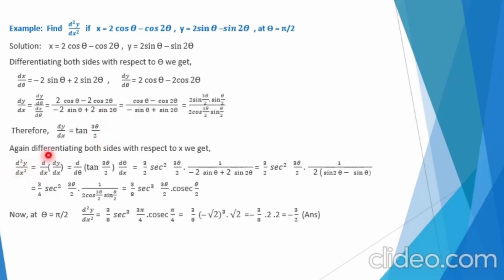d2y dx2 equals d dx of dy dx. Since dy dx is a function of theta, we can write it this way: d d theta of dy dx into d theta dx.